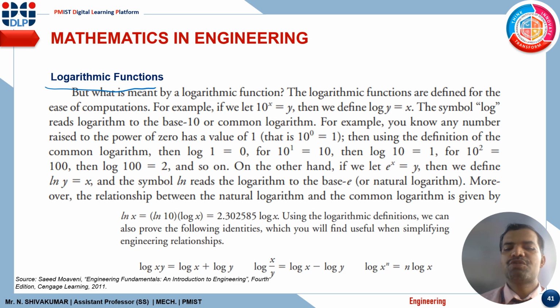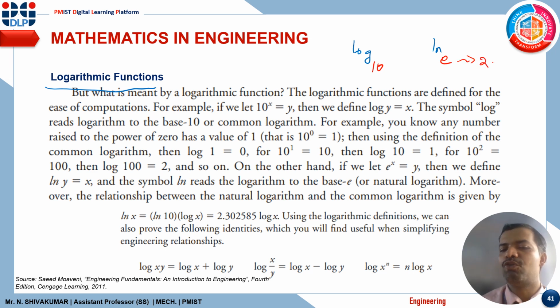So two kinds of logarithmic scale are there. One is log, another one is ln. What is the difference between log and ln? Log has base 10, and ln has base E. What is the value of E?